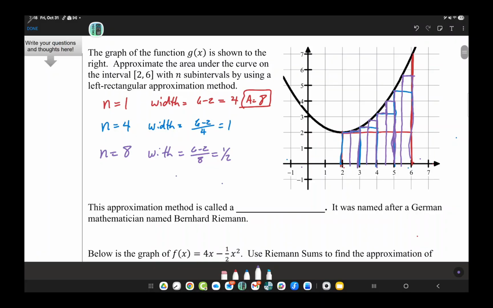So we would take the limit as the number of rectangles goes to infinity. Now, the nice thing is we're not going to do that today. We're just going to stick with approximation. This is called the Riemann sum approximation, named after the German mathematician Bernhard Riemann.